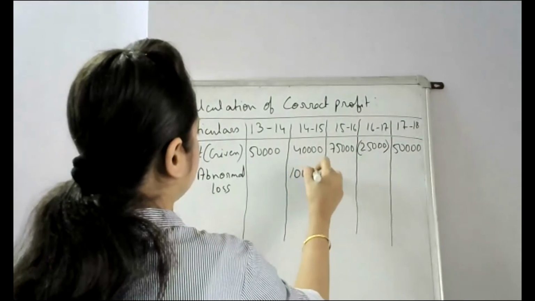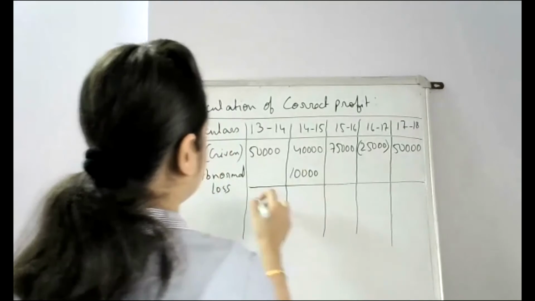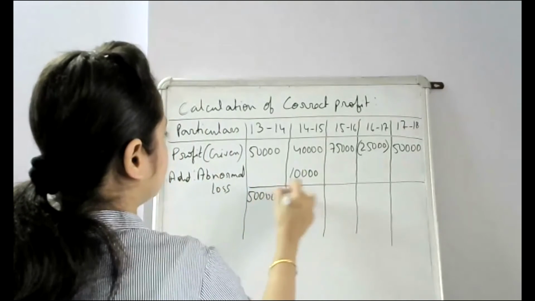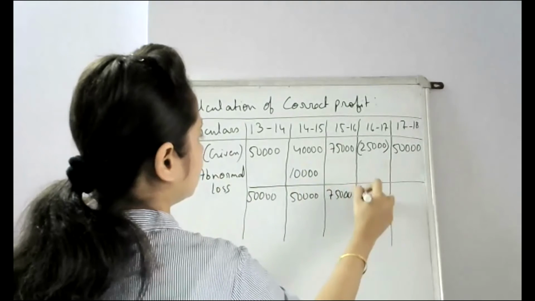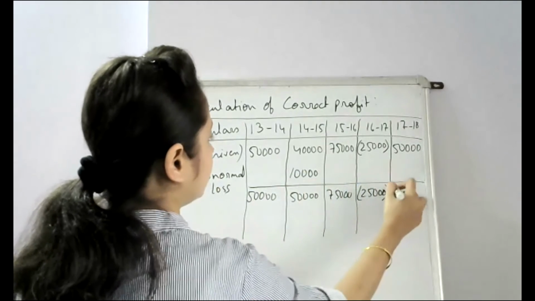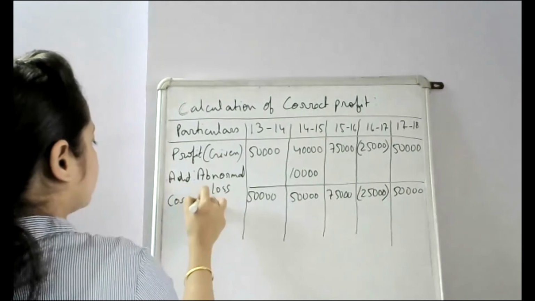So, 10,000 here. Now, 50,000, 50,000, 75,000, negative 25,000, and 50,000. So this is your correct profit.